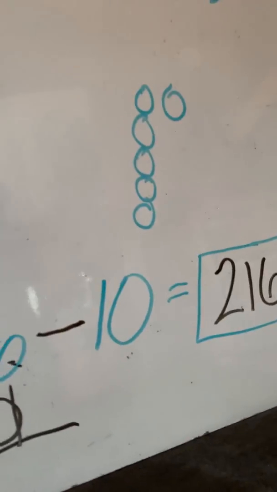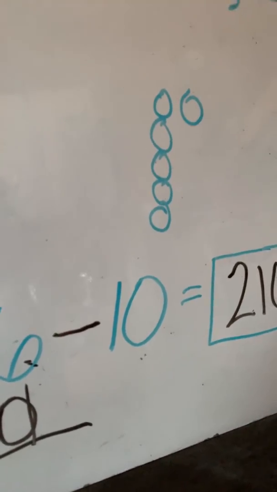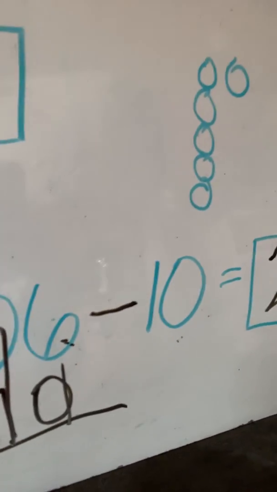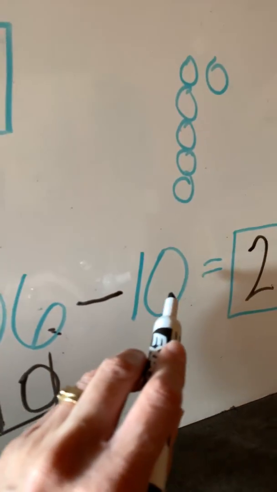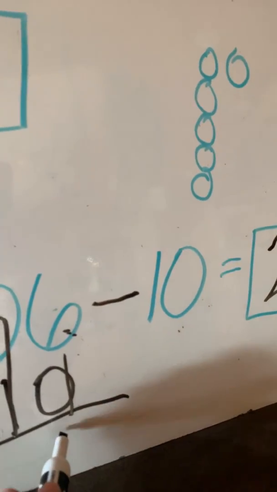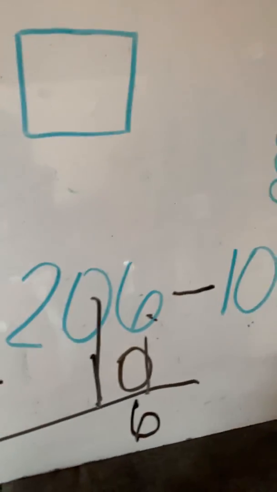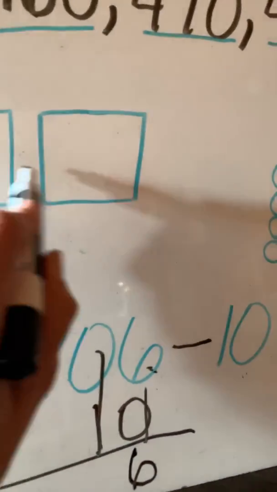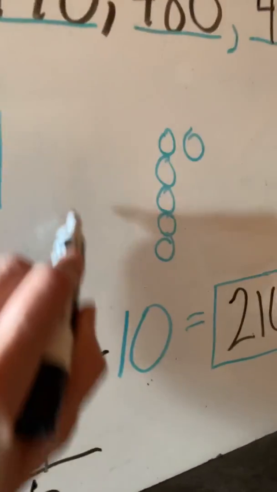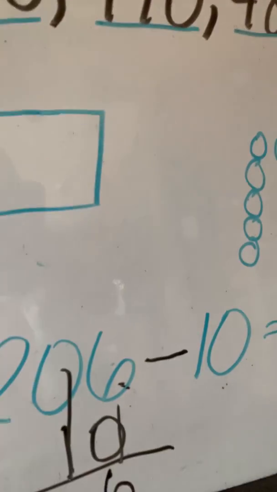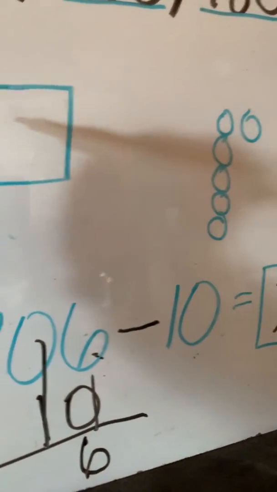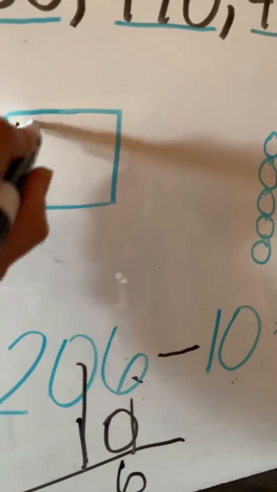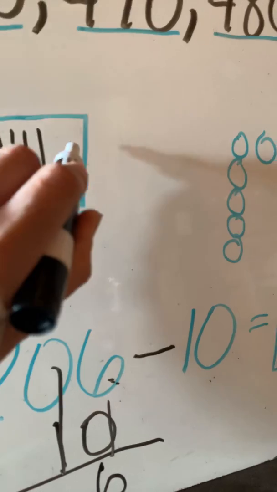If I were to take away anything from the ones, that would change the ones, but does it change? 6 minus 0? The 0? Nope, that stays the same. But what happens when we have 200, but we need to take a 10 stick away and we don't have it? You're right, we're going to need to change this into 10 tens.